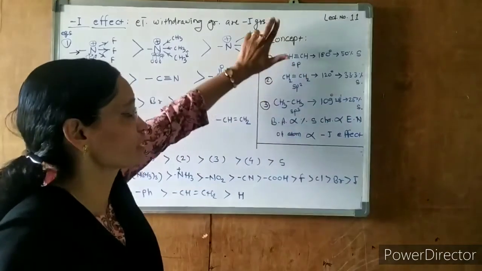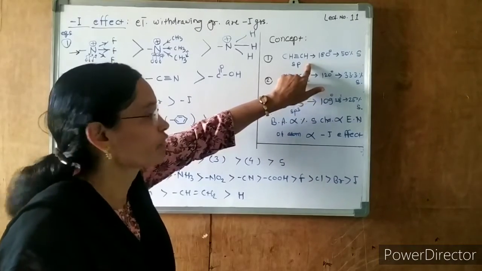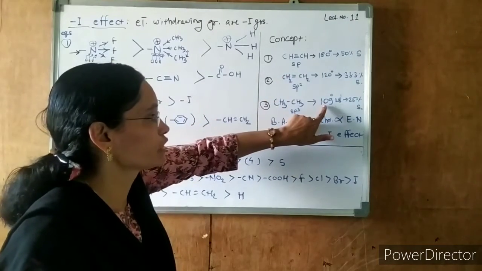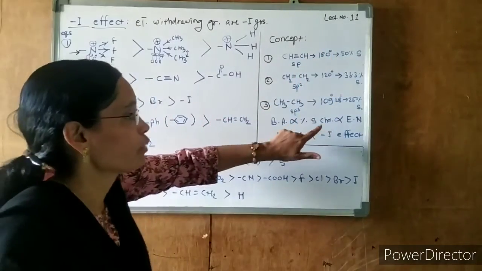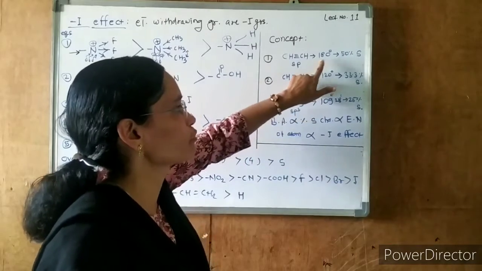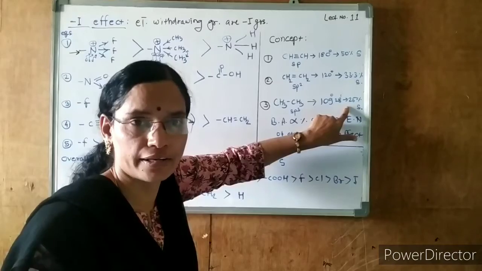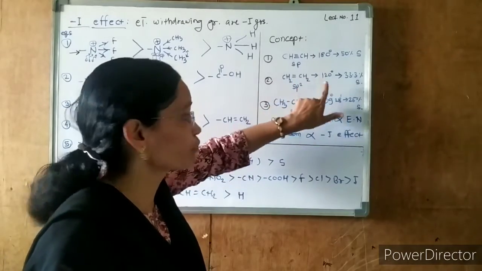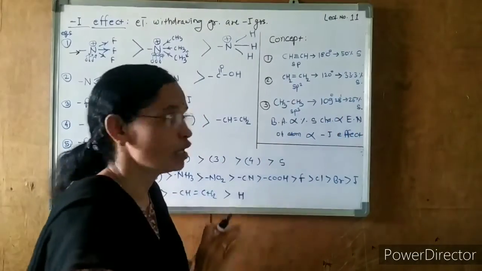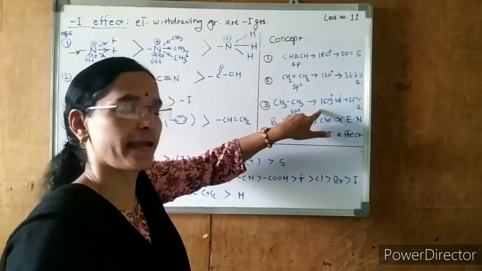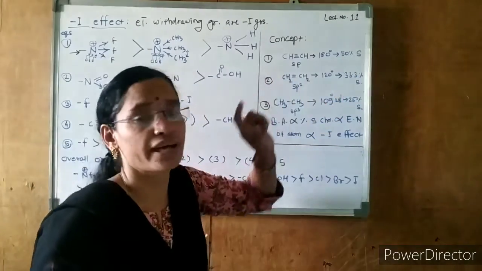The hybridization changes from sp3 and sp2 to sp, and the bond angle increases. Bond angle is directly proportional to the percentage of S character.